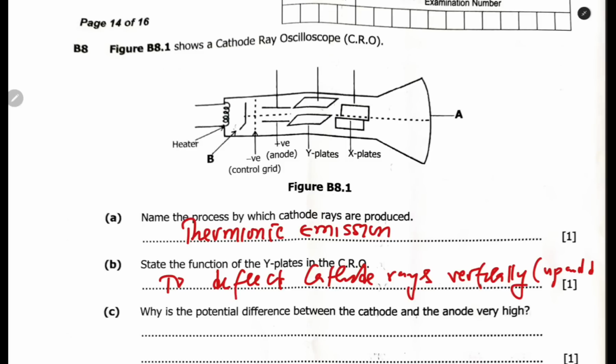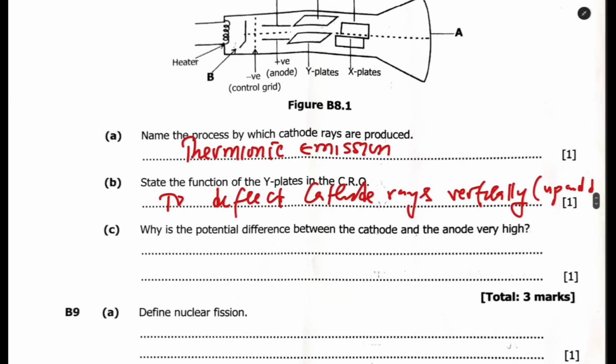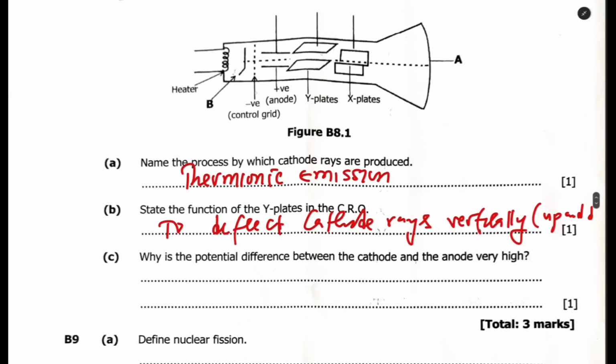Okay, then question C, why is the potential difference between the cathode and the anode very high? So the potential difference between the cathode here and the anode here is very high. What is the reason? To accelerate the electrons.